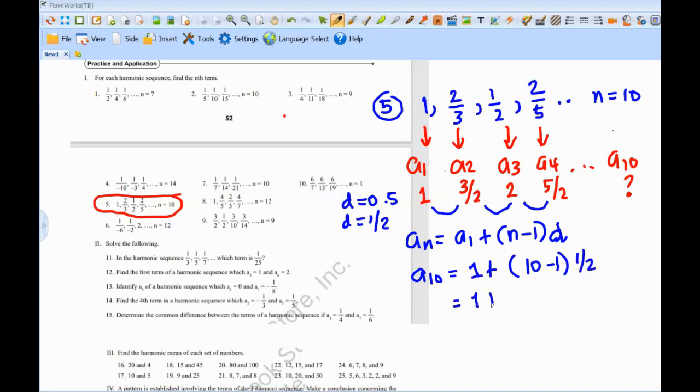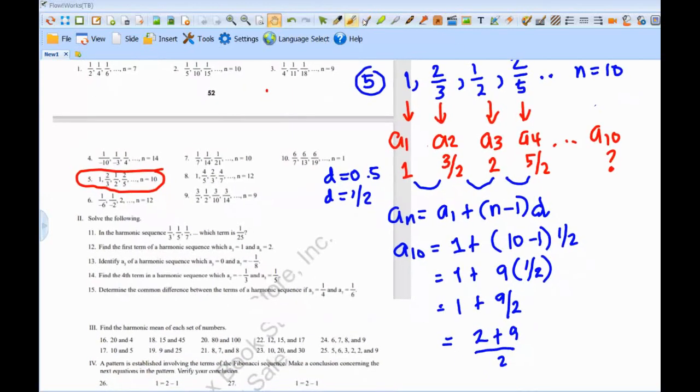So 1 plus 9 times half. 1 plus 9/2 is equal to 2 plus 9 over 2, which is equal to 11 over 2. That is your reciprocated value of the 10th term.